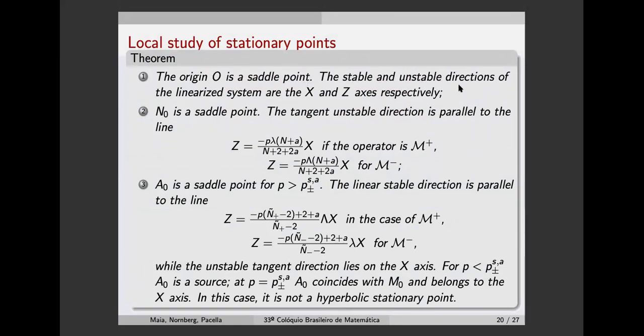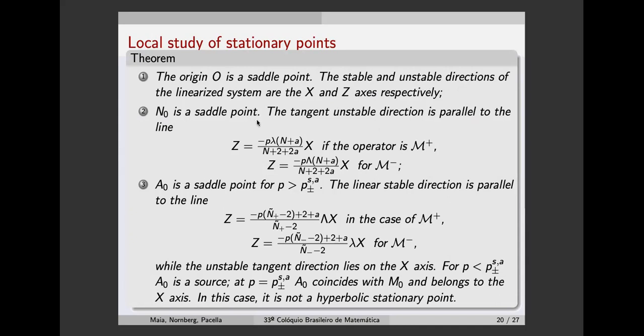The stable and unstable directions of the linearized systems are the x and z axes. So from (0, 0), we are going to see lines exiting in the vertical direction and arriving in the x direction because of this statement.